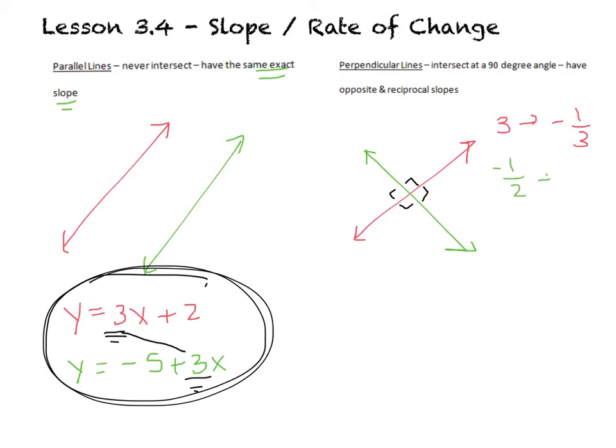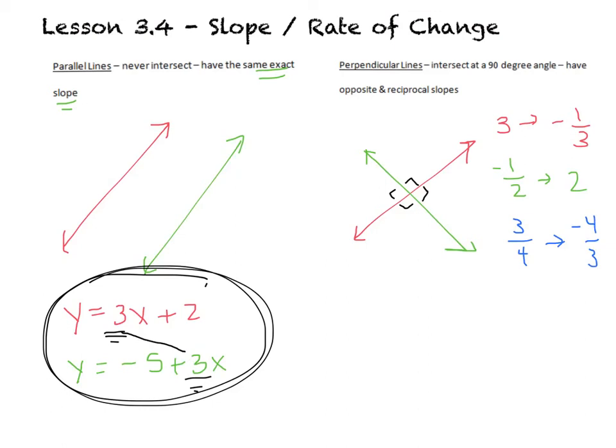Well, the opposite is positive 1/2, and then we have to flip it to make its reciprocal, so it's going to be positive 2. And one last one. Let's say I give you 3/4. The opposite is negative 3/4, but we have to flip it to make its reciprocal, so it would be negative 4/3. So that's kind of what we're talking about there.